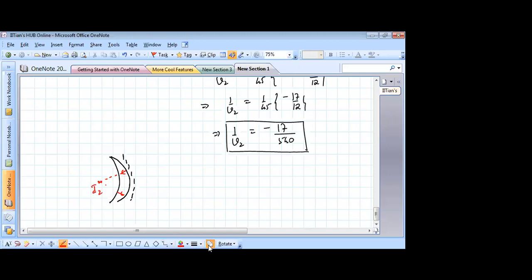So we will not change the sign convention. We keep it the same.